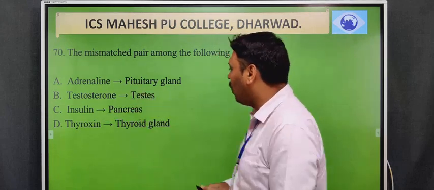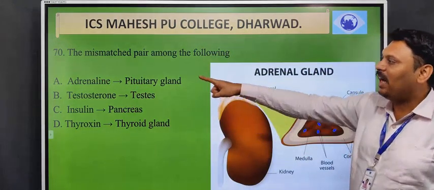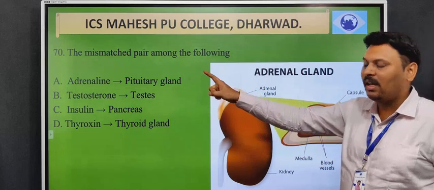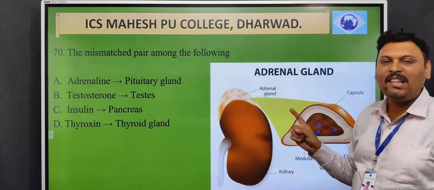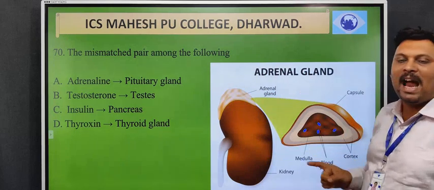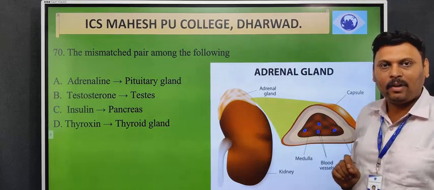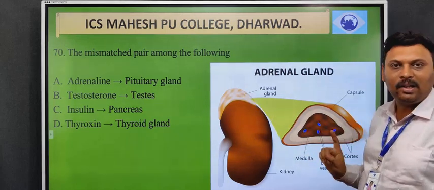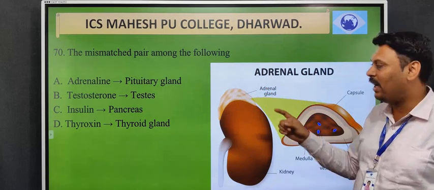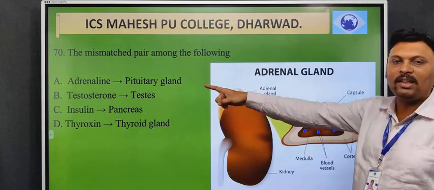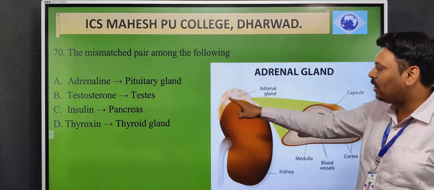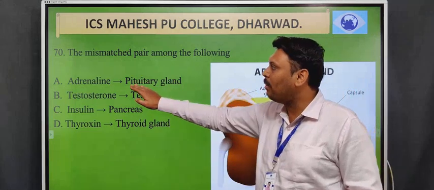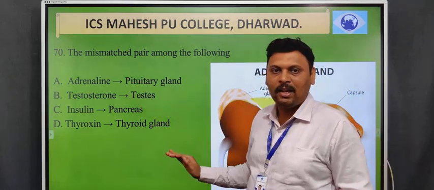The only thing which remains here is adrenaline. It is an emergency hormone, synthesized by the adrenal glands which are present on the kidneys. So the right answer is A, as it is a wrong match, a mismatch.